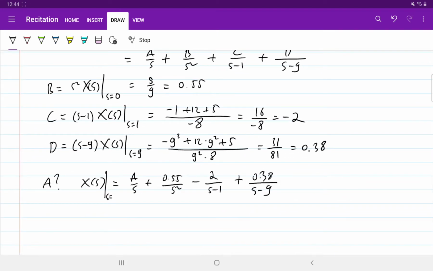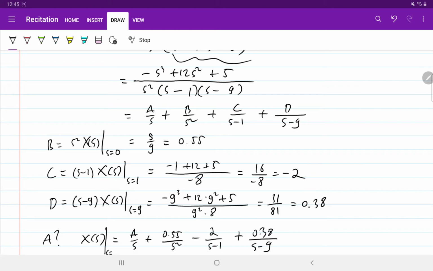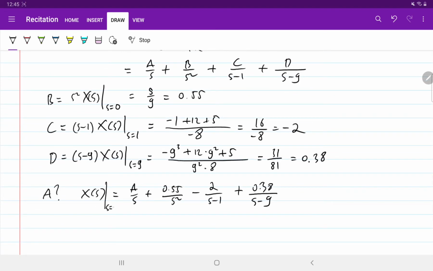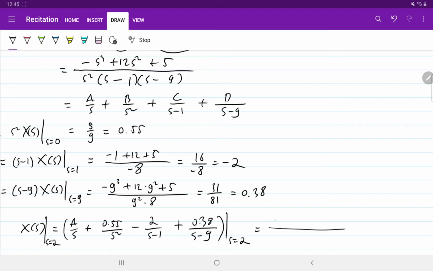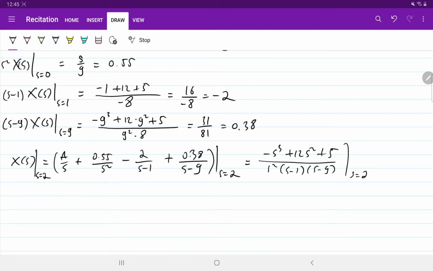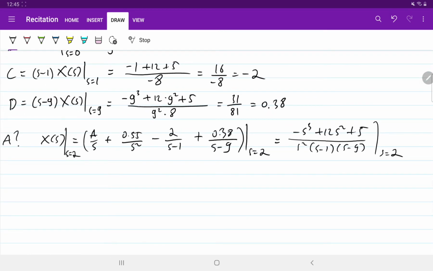Since the poles are 0, 1 and 9, let's use 2. So you substitute s equal to 2 into minus s cubed plus 12s squared plus 5 over s squared (s minus 1)(s minus 9), and solve the equality to get A. If I'm not mistaken, A is around 0.61.